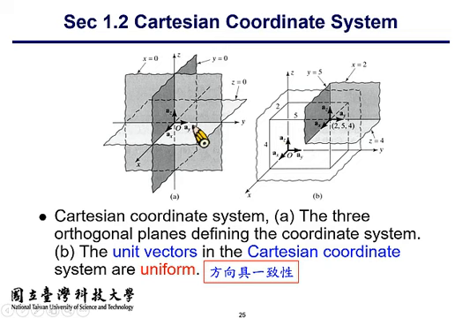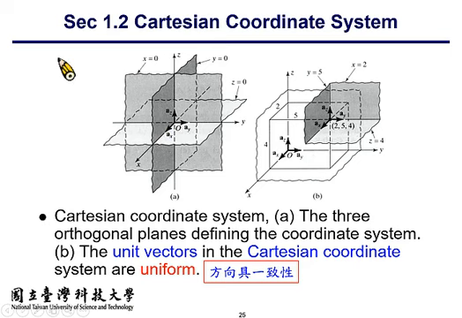So what is the first thing you should notice from here? Well, what is the reference direction? 参考坐标方向 X, Y, Z 嘛，对不对？So you see here are the ax, ay, and az, the three unit vectors for the reference directions. So the Cartesian coordinate system in principle is described in terms of ax, ay, and az.